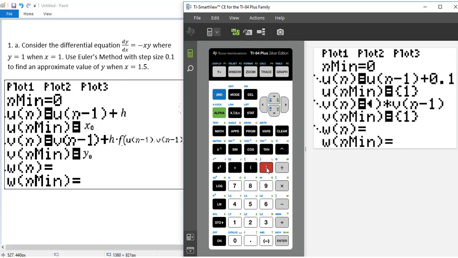Be careful with parentheses. You need to put another parenthesis because at the very beginning, you put in parenthesis negative u sub n minus 1.